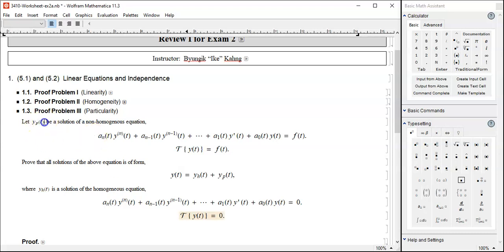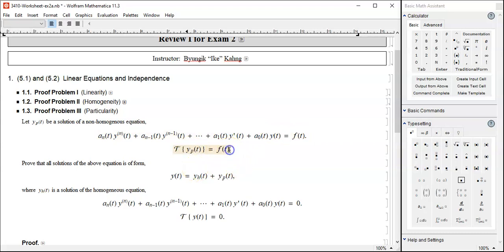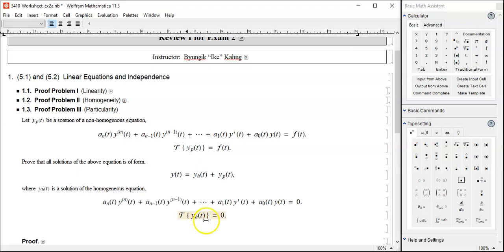Let's see. yp is a solution of this equation, which means yp must satisfy this, or in other words that. So I can rewrite this as T of yp is f of t. And yh is a solution of the homogeneous equation, so this whole thing is equal to 0, in other words this, and yh satisfies that. So we can rewrite this one as T of yh of t is equal to 0.